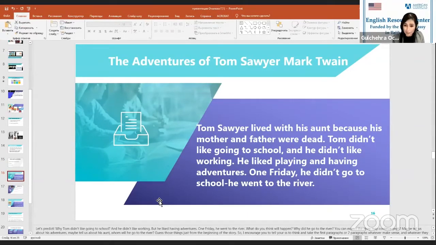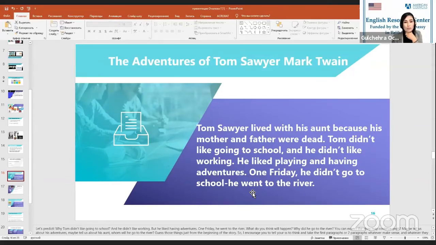You can expect the story may continue, yeah? This is just one paragraph. You can still expect the story may continue. Maybe it will tell us about his adventures, maybe about his aunt. Who will he go to the river with, maybe?